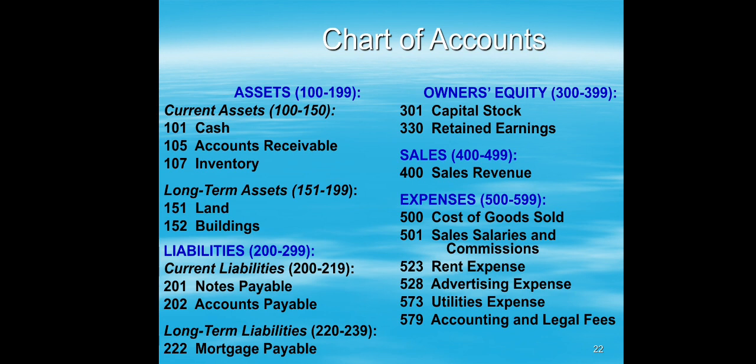For example, here for current assets, cash is given the code 101. 105 is for accounts receivable. 107 is for inventory or supplies. 151 is land. 152 is building, and the list goes on. There are codes for owner's equity accounts, etc.